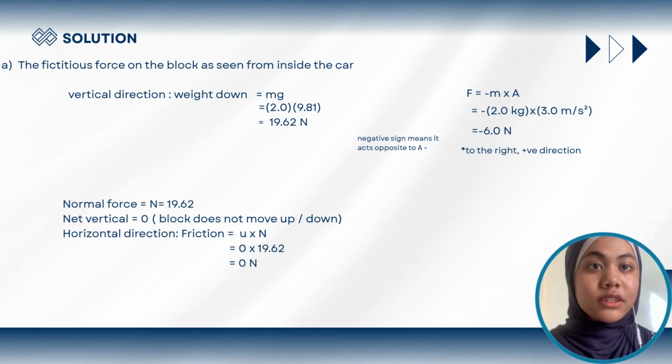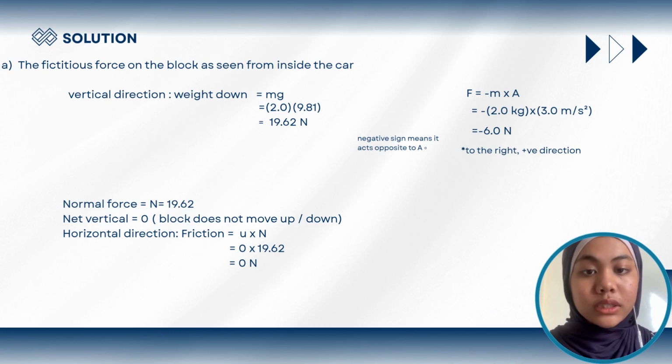So the first question is the fictitious force on the block as seen from inside the car. As you can see, we need to find the normal force, so we use the equation W equals mg, which gives us 19.62 Newton. We also know that the net vertical force equals 0 because the block does not move up or down.